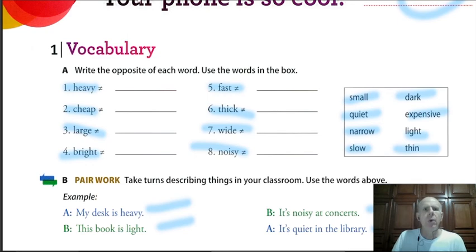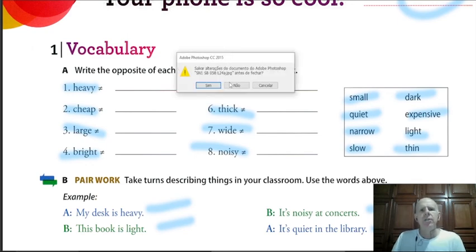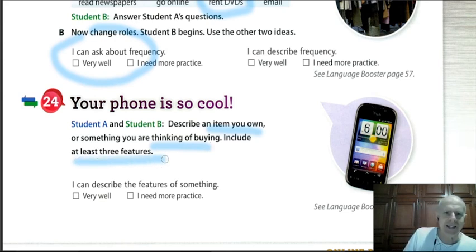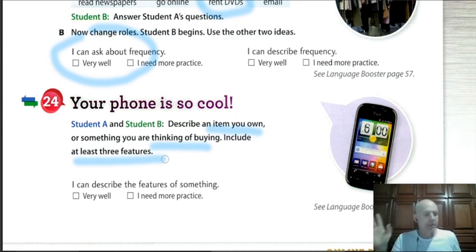But what do we have to do in the live lesson? Well, describe an item you own or something you are thinking of buying and include at least 3 features. That's really nice, right? For example, we could have a conversation like this, or some explanations or descriptions of features like this.